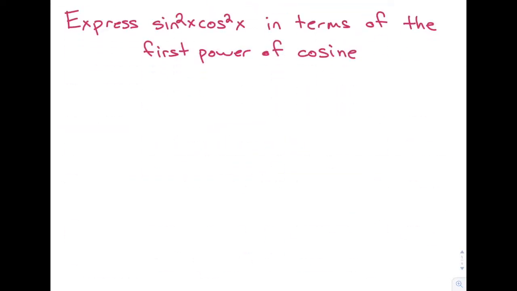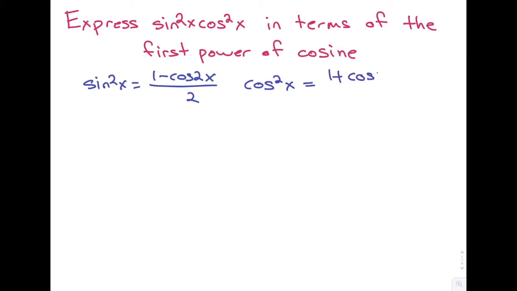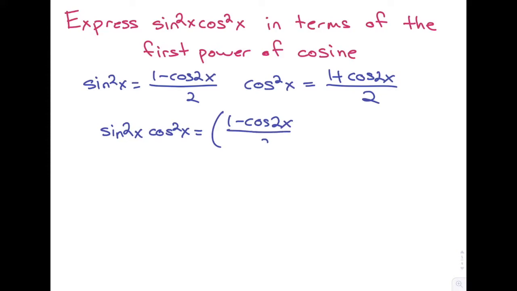So now, express sine squared x cosine squared x in terms of the first power of cosine. We know sine squared x equals 1 minus cosine 2x over 2, and cosine squared x equals 1 plus cosine 2x over 2. So sine squared x cosine squared x equals, in parentheses, 1 minus cosine 2x over 2 times 1 plus cosine 2x over 2.